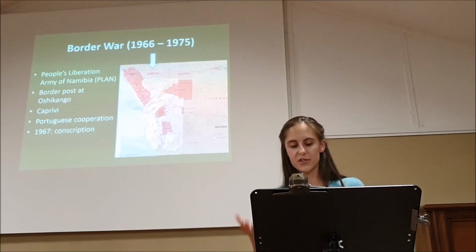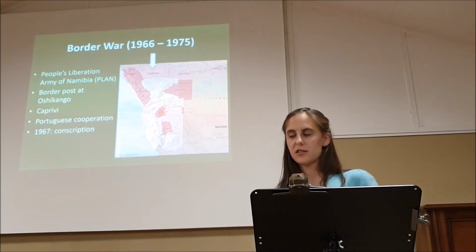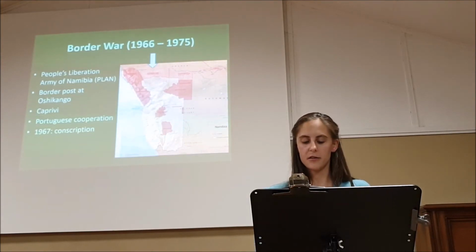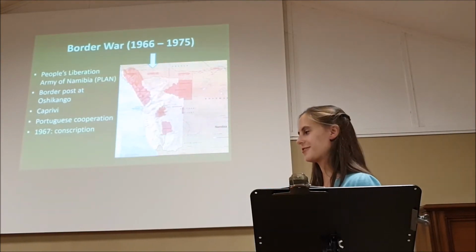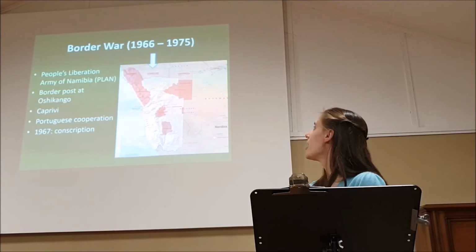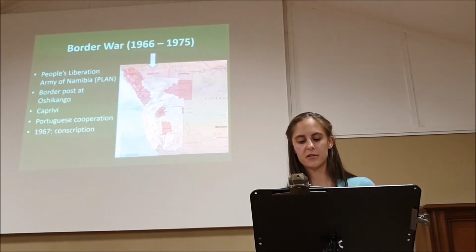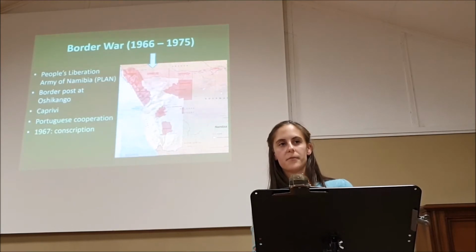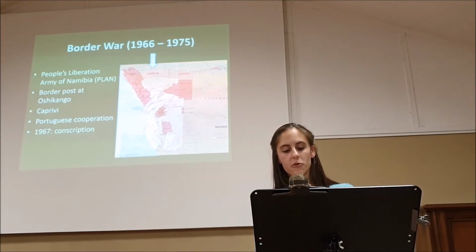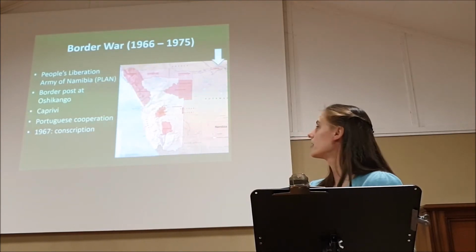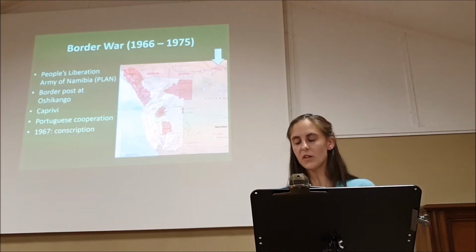So this was the first infiltration in August of 1966. And even though this was the first skirmish, the area that the South African force had to focus on during this time period was actually the Caprivi region.